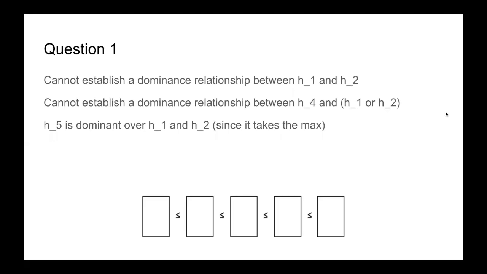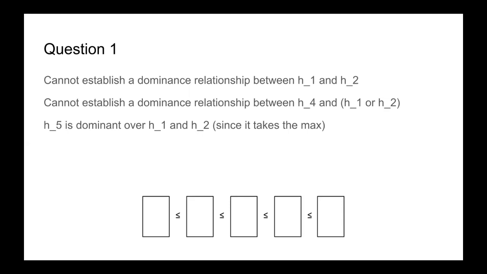So basically for this problem, if we look at h sub 1 and h sub 2, we're not able to establish a dominance relationship between the two heuristics because sometimes the distance to the nearest food pellet might be less than the number of food pellets left. For example, consider that on a grid, Pac-Man has 3 food pellets left to eat, but it's really close to one of the food pellets, such that it's only a distance of 1 away.